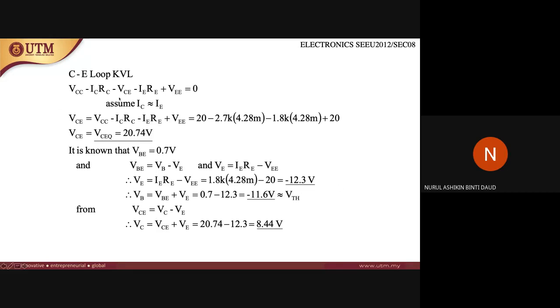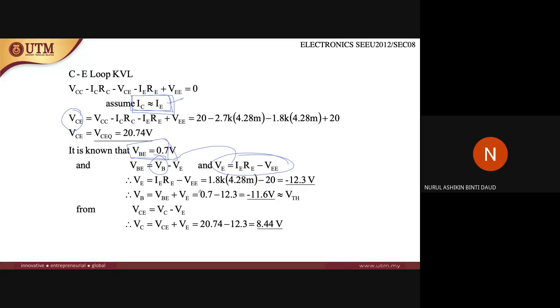Next, using the CE loop, we can get the value of VCE, with the same value of currents that flow from the collector and emitter that we have found just now. Using that, we can find the value of VE, because we use the value of IE. Once we know the value of VE, we can find the value of VB by using the value of VBE, which is 0.7 volts.